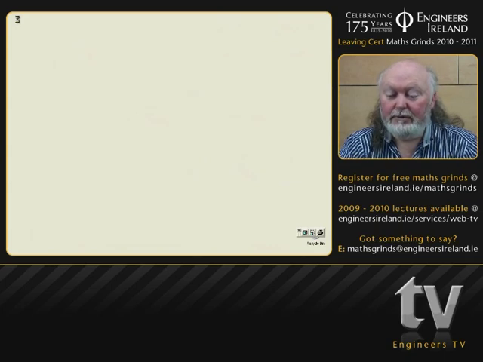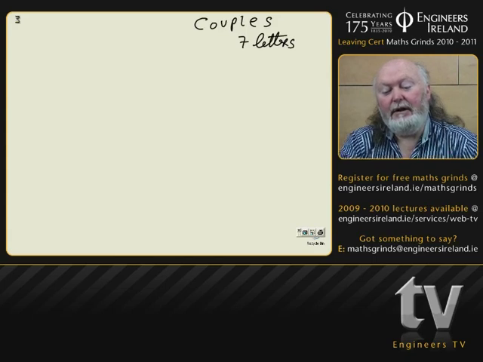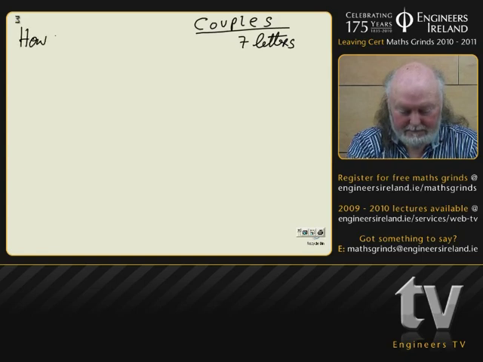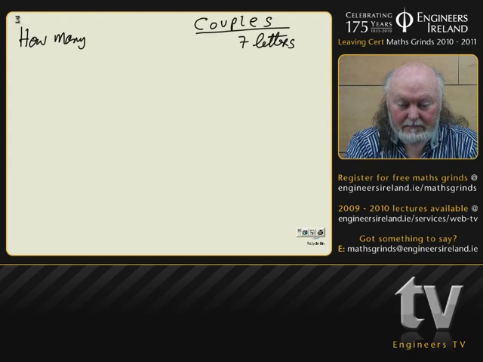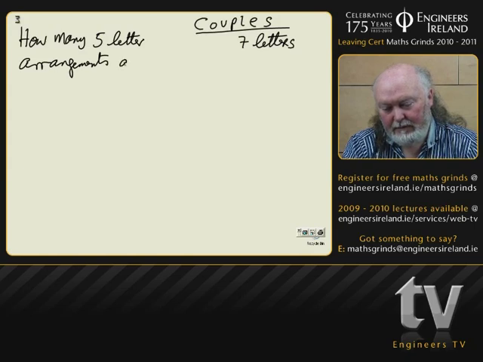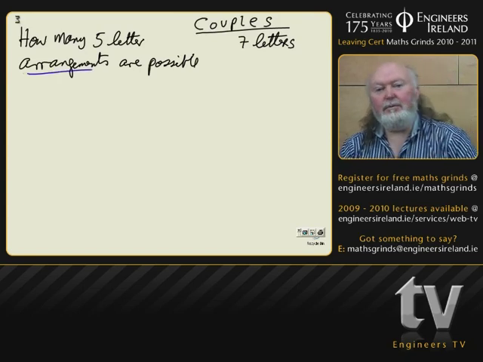This is an example from the book. There are 7 letters in that word, couples. And the question is, how many 5-letter arrangements? The keyword here is arrangements.